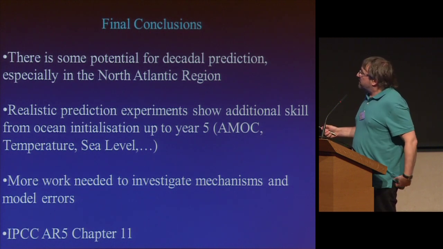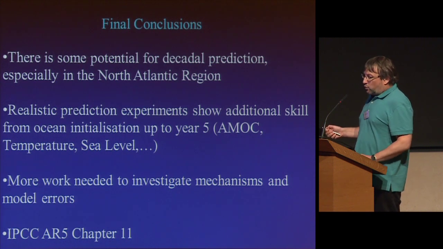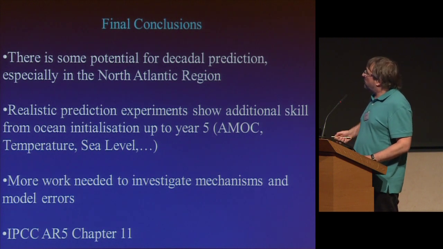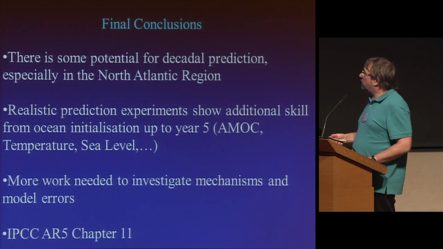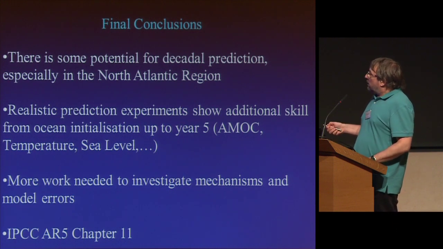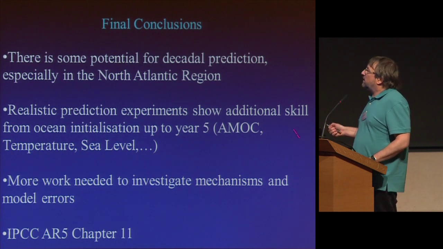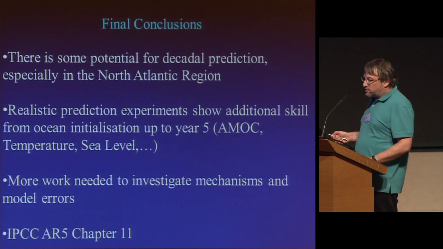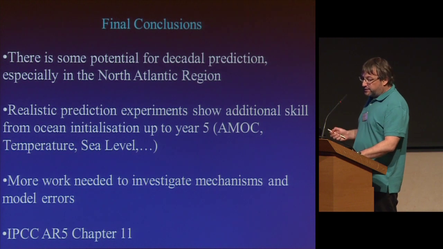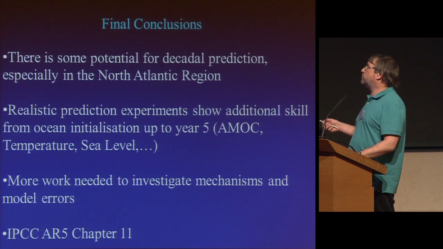The realistic prediction experiments, whether it is for AMOC, temperature, or sea level, with a lot of diagnoses that have been done on the CMIP5 database, show that the additional skill that is brought by ocean initialization is positive up to year 5, and that after that there is no additional information brought by the ocean initialization.